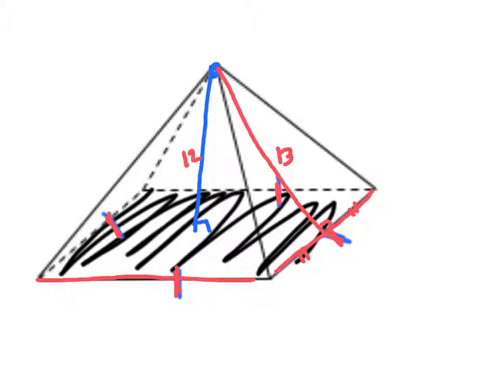Well, if you look inside here, you have one leg that's 12, a hypotenuse that's 13, and if I make this green line here, I make a right triangle inside the figure. So I can use the Pythagorean theorem to find out that that green line is 5. That green line and this half the length of the base are going to be the same, which means this other side of the base is going to be 5 as well, making the whole side of the square 10.